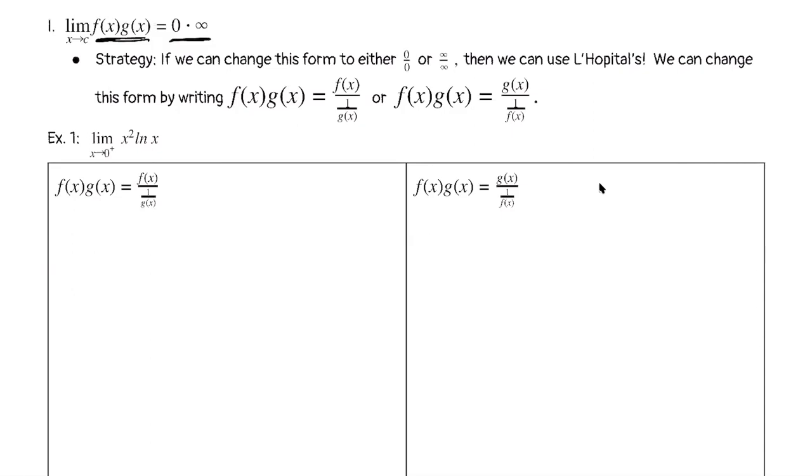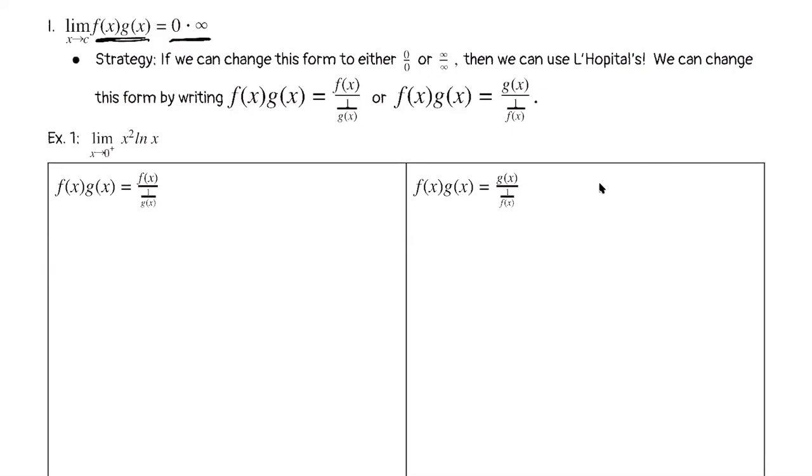And so here's our strategy. If we can change this form of 0 times infinity to a situation where we can use L'Hopital's, then we can solve the problem. Okay, so a lot of these strategies involve a little bit of algebraic work so that we can get it into a form where we can use L'Hopital's, all right?